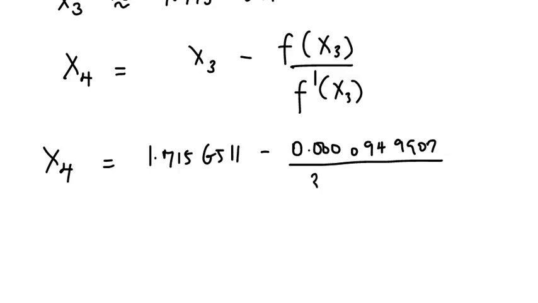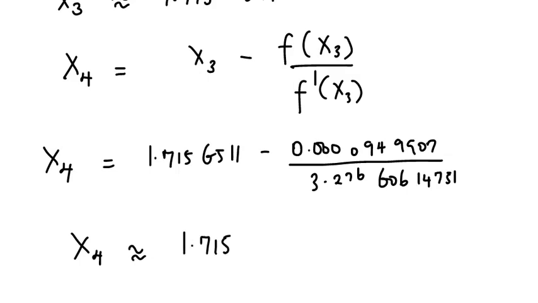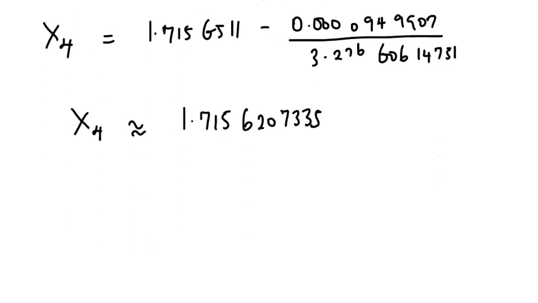So that one will give us 3.276606. So here we get x of 4 is approximately equal to 1.71562073335. I think we have almost the same value as x of 3, right?